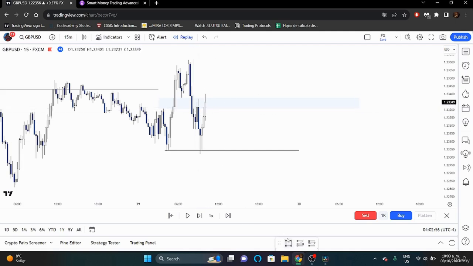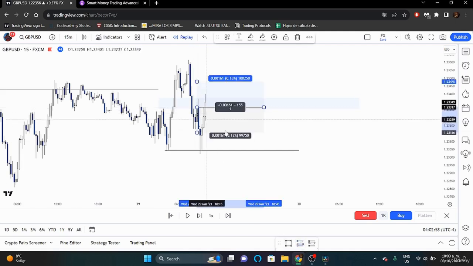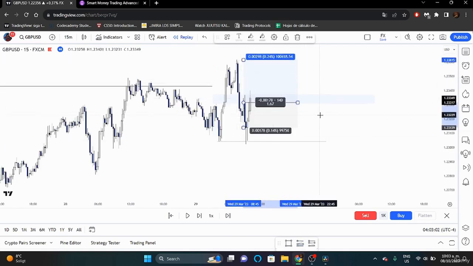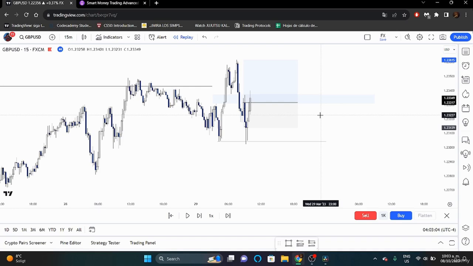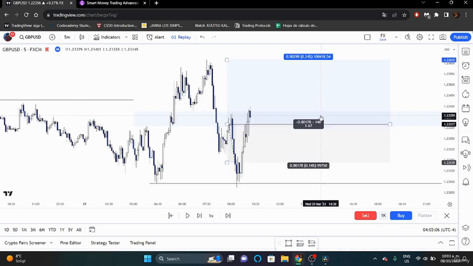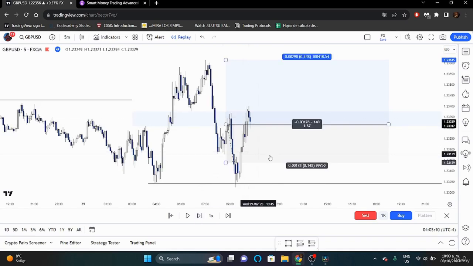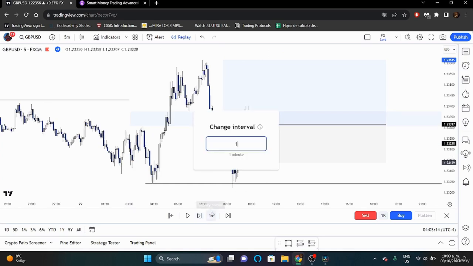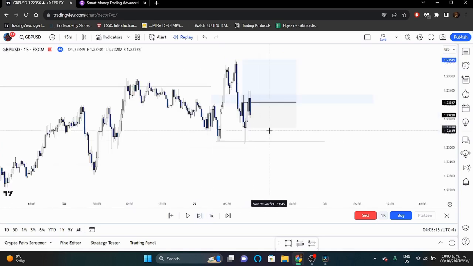Once the price trades through this, remember this will be our breaker block. That's our breaker, that's our order block as well. And we have this immediate rebalance, so we would like to see price go there and then go higher. We don't want to see price go lower again. If not, we're wrong on the idea, okay?